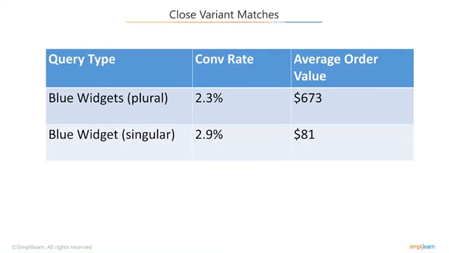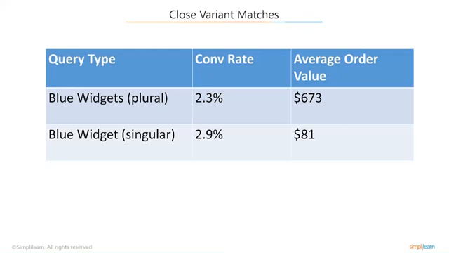Another question, close variance, especially now that the change to match types happened where you can have an exact match that shows for a plural, shows for a singular, shows for reverse orders. So maintaining the old style exact match of, I only want to show for these exact characters being typed in, it's really difficult. So this company, they looked at their data, and they're in wholesale restaurant supplies.